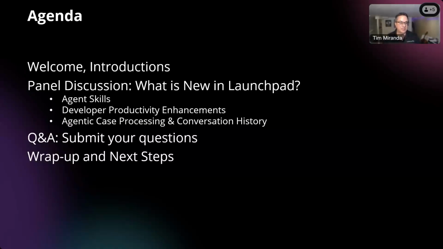And then we're going to talk about several developer productivity enhancements and tools that have been introduced recently, and we will walk through those all at once. And then finally, we'll go through some new capabilities around agentic case processing and keeping track of agent conversations and be able to see what's going on with those.